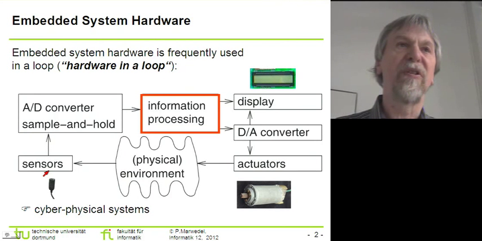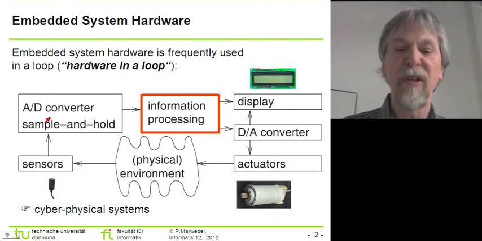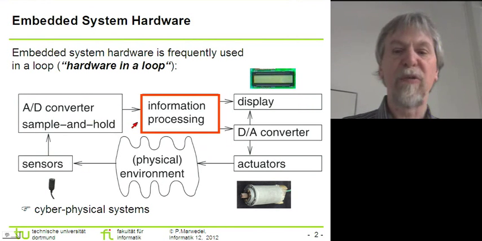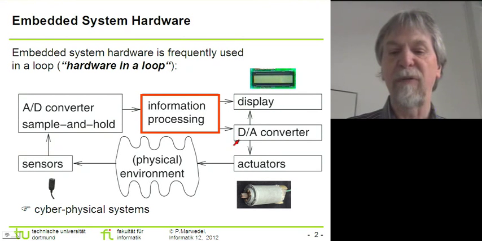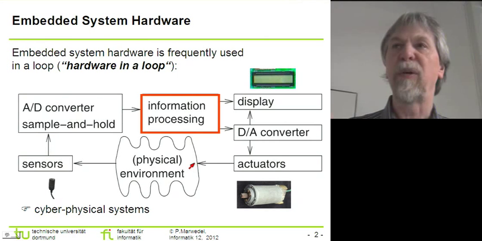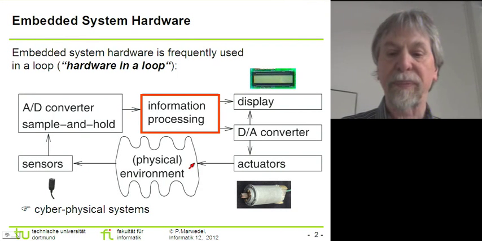Then we continue with sensors. Then we have discretization, both in values and in time. Then we have information processing. Potentially, we also have a display. We have the conversion back to the analog domain. And then we have actuators, and we have a potential impact of these actuators on the physical environment.